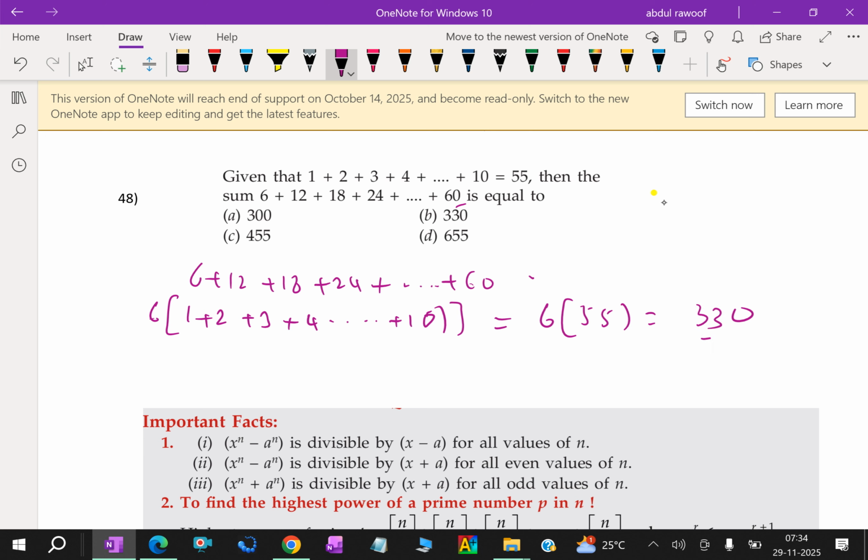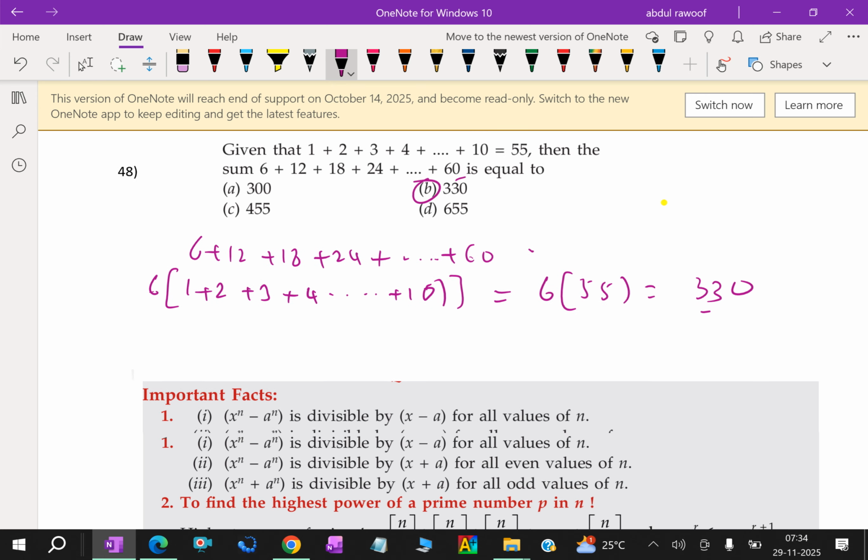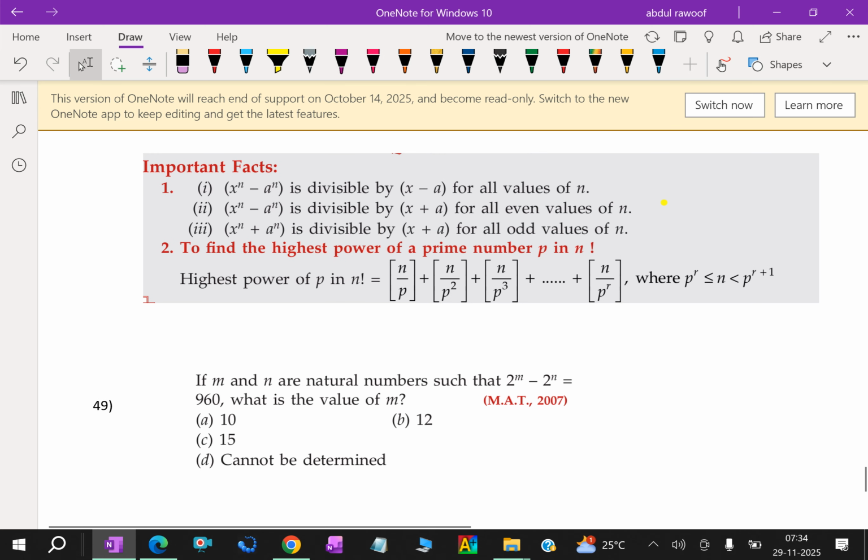So option B. Look at this important note here. x power n minus a power n is divisible by the factor x minus a for all values of n. Next, x power n minus a power n is divisible by x plus a for all even values of n.